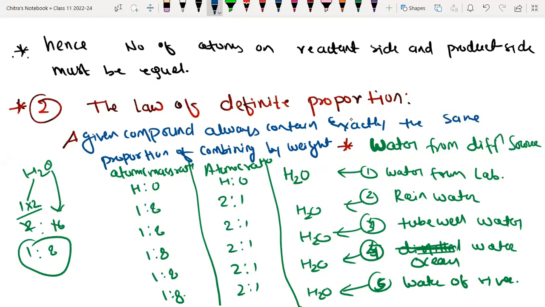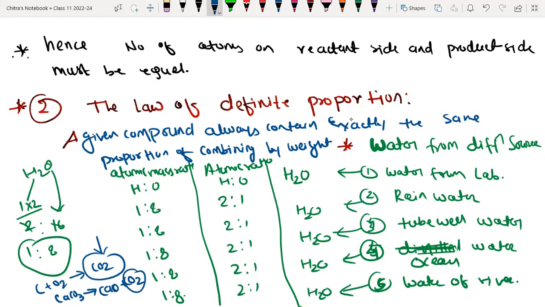You can have a different example also. Suppose we are burning coal in presence of oxygen and we are getting carbon dioxide. So this source is from the coal. Suppose we are dissociating calcium carbonate CaCO3. So we will get CaO plus again carbon dioxide.